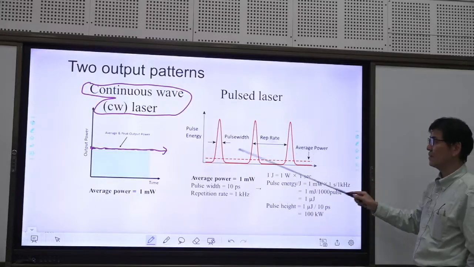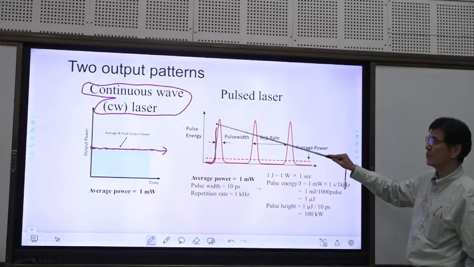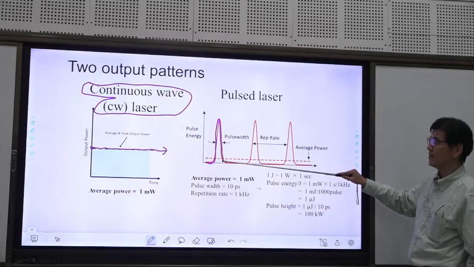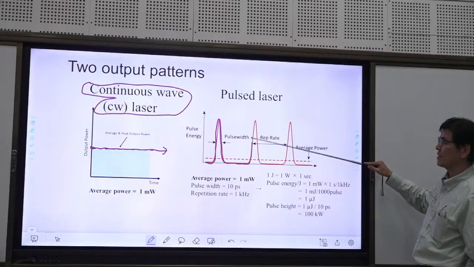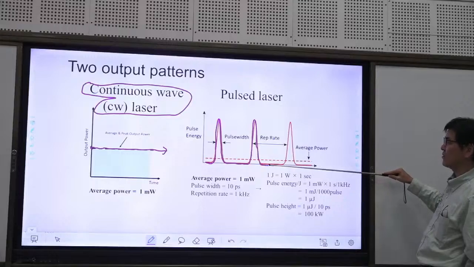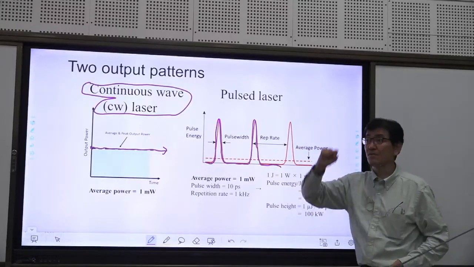Pulse laser flashes for a short time and becomes dark. Wait. Flashes for some time and becomes dark. Wait. So this is the pulse.